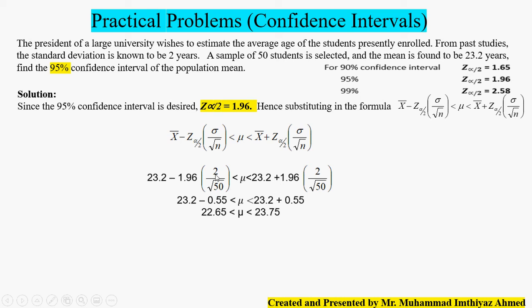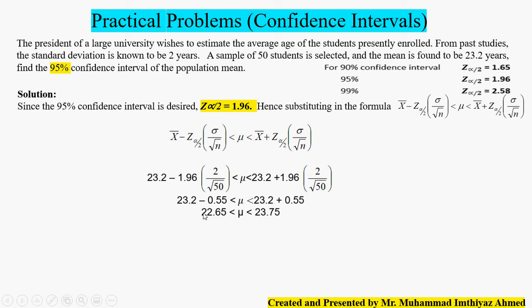So step number 1, you need to take 2 divided by the square root of 50, then you need to multiply by 1.96. The answer will be 0.55. So on one end you need to subtract, on the other end you need to add.